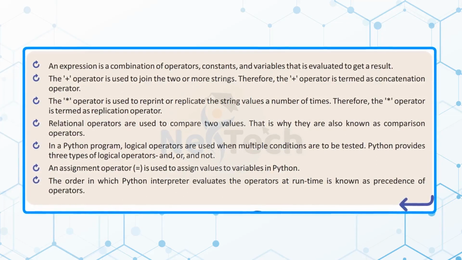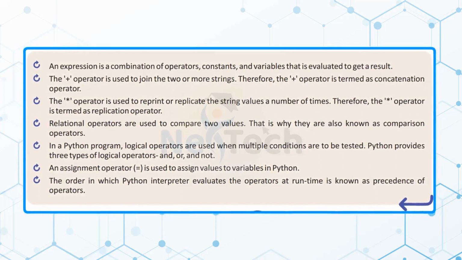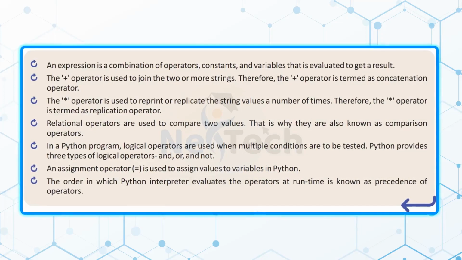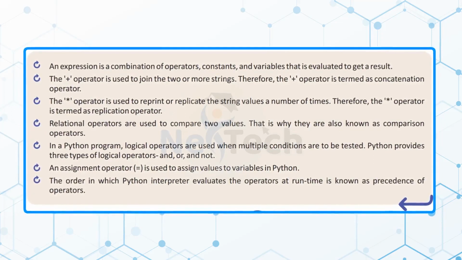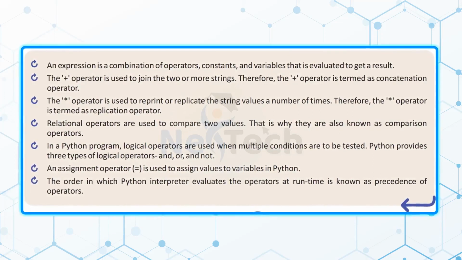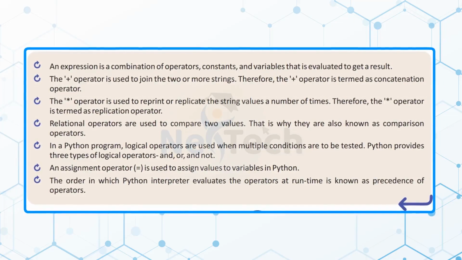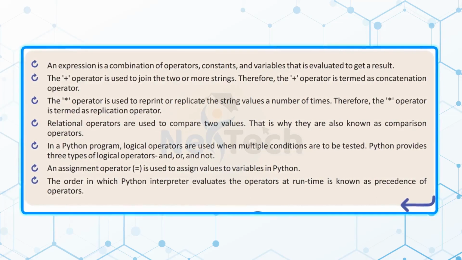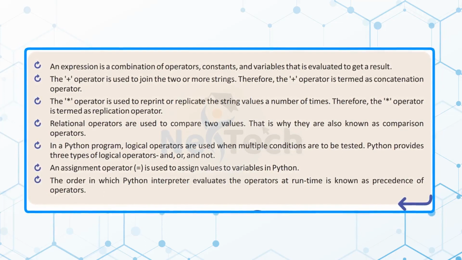In a Python program, logical operators are used when multiple conditions are to be tested. Python provides three types of logical operators: AND, OR, and NOT. An assignment operator equal to is used to assign values to variables in Python. The order in which Python interpreter evaluates the operators at runtime is known as precedence of operators.